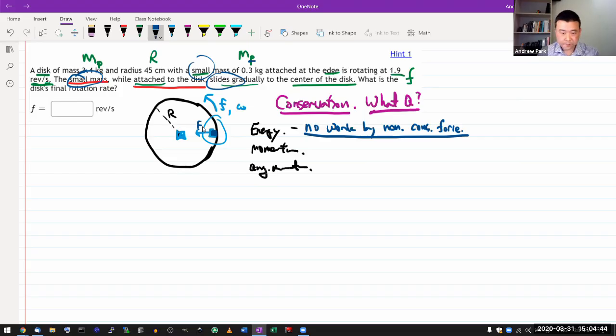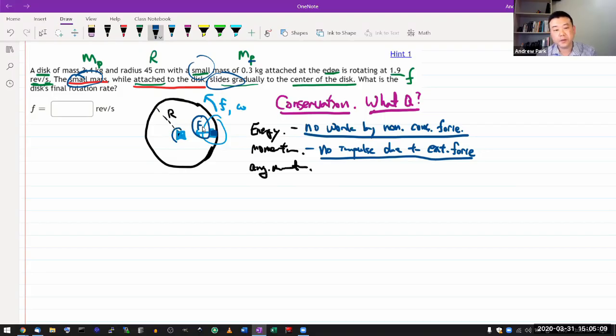And for momentum, the condition for momentum being conserved is no impulse due to external force. I think this situation makes it difficult to conserve momentum, for two reasons. This force could easily be an external force.